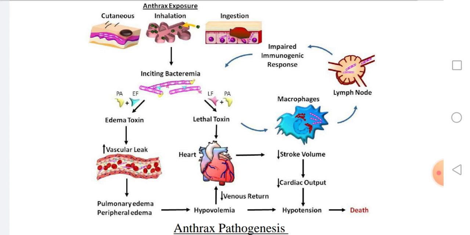The lethal toxin acts on the heart, leading to low stroke volume, low cardiac output, hypotension. Also, the lethal toxin will act on the macrophages, affecting the immune system and the macrophages in the lymph nodes, and there will be impaired immune response to the stimulation by the bacteria.